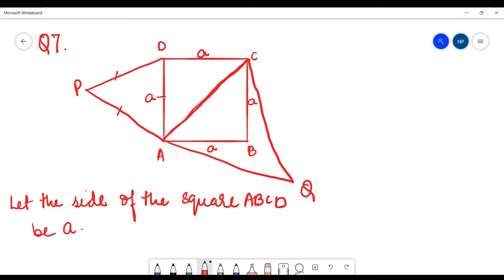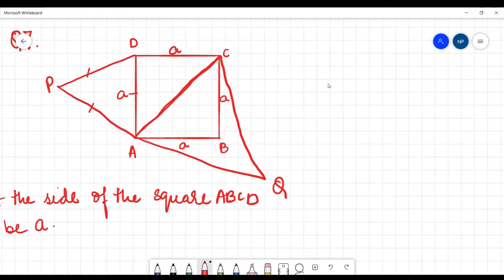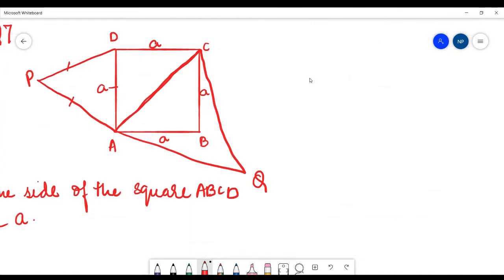For that, I'm going to write it over here. We are going to take AC square is equal to AB square plus BC square.